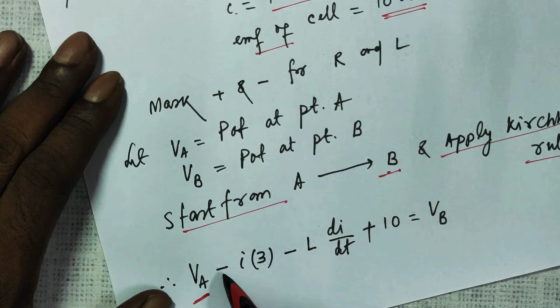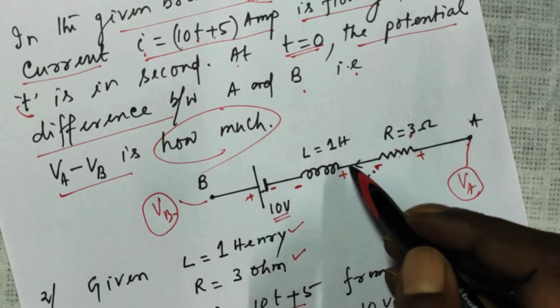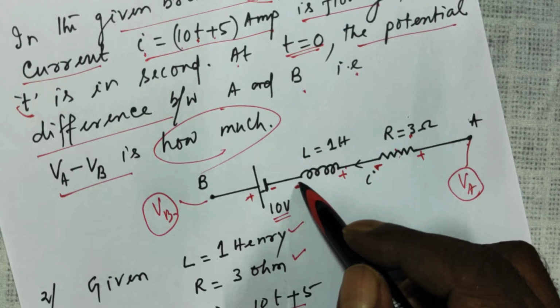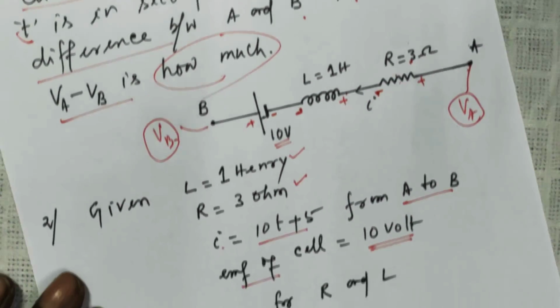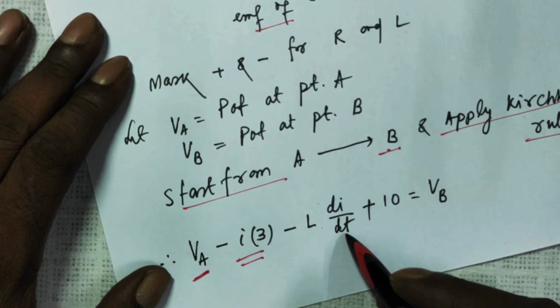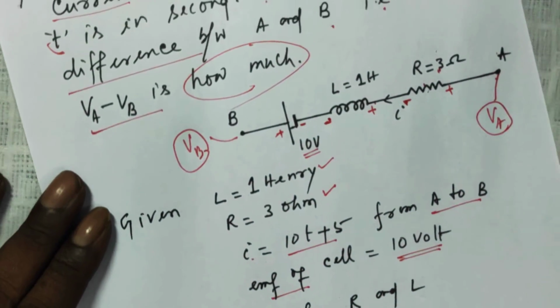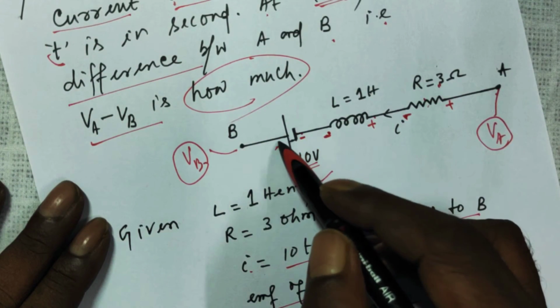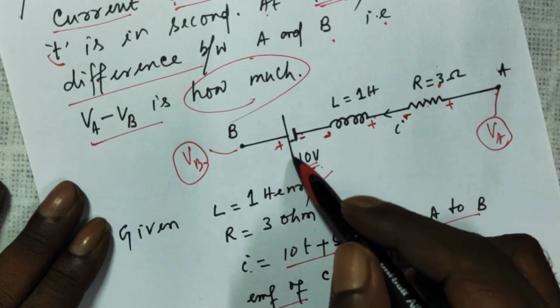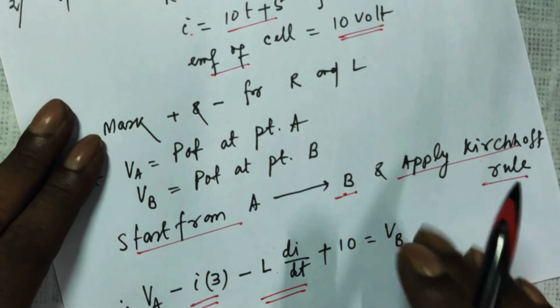That is what I have written, minus I into 3. Then plus to minus, minus L di by dt. Now going from here to here, there is an increase in potential, plus 10 volt.